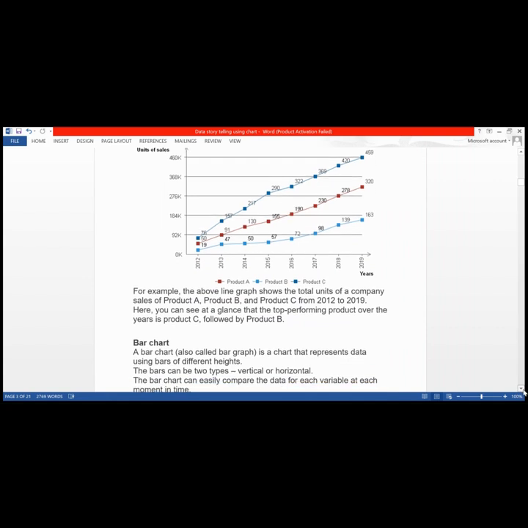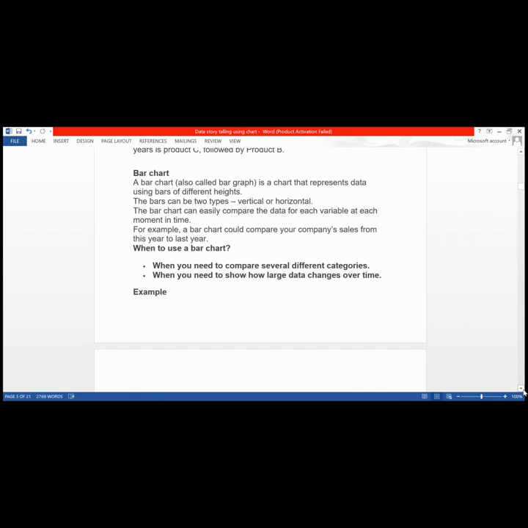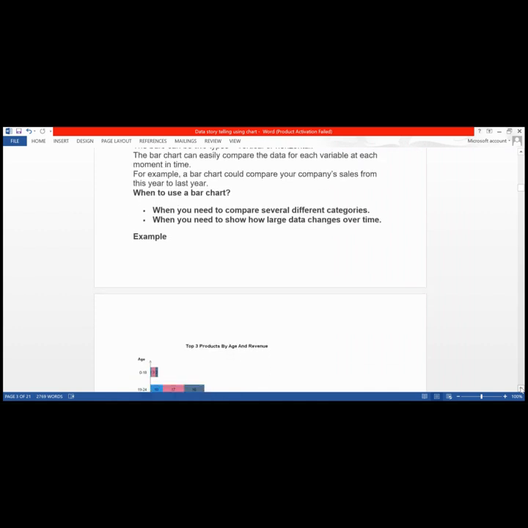So now let's look at bar charts. That was the line graph. A bar chart is used when you want to compare sales of different categories. For example, you want to compare sales of shirts, sales of vials, and sales of pencils, just to find out the top performing product or the product with the highest number of sales.